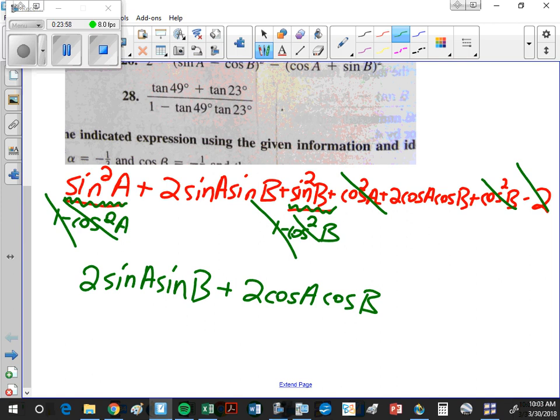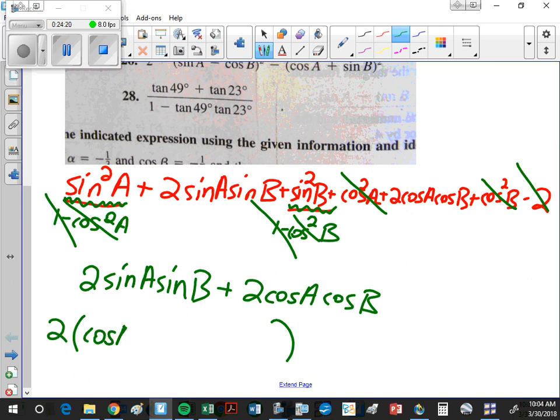So I need to do 2 things before it matches up. The 2 is a problem and the order is a problem. I want to factor the 2, pull the 2 out, and I also want to change the order. I'm going to put cosine first.